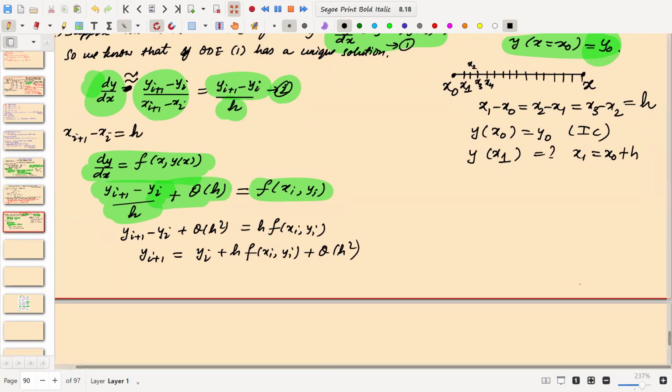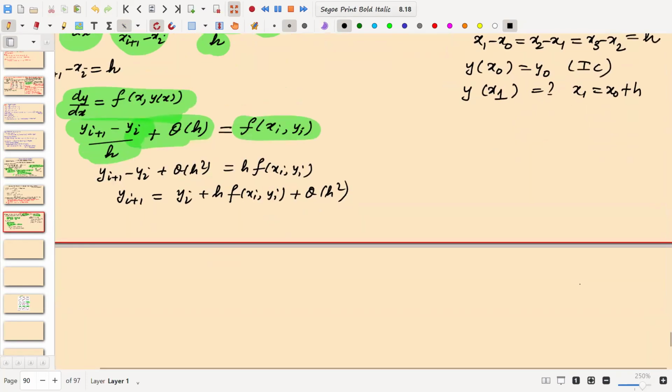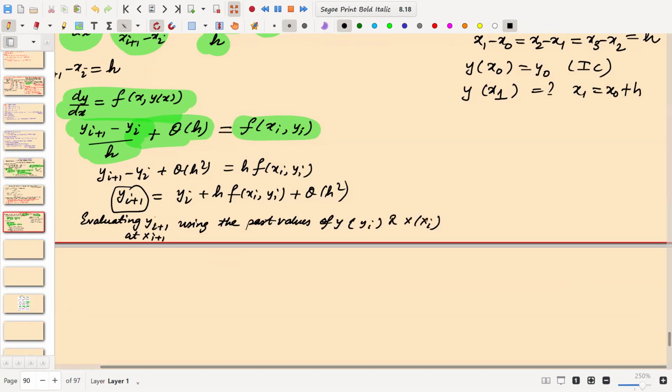We are evaluating yi plus 1 at xi plus 1 using the past values of y, that is yi, and x, that is xi.